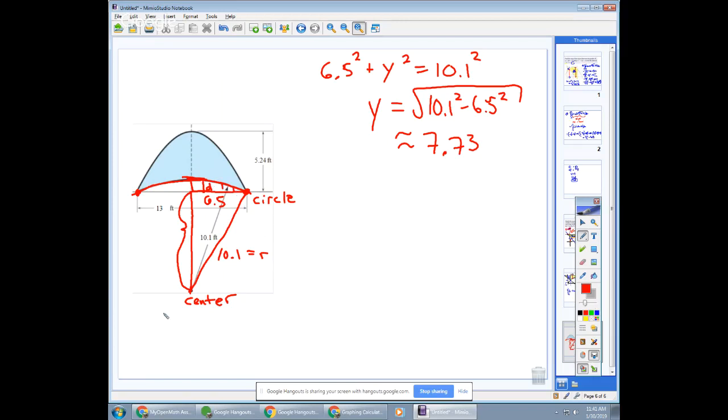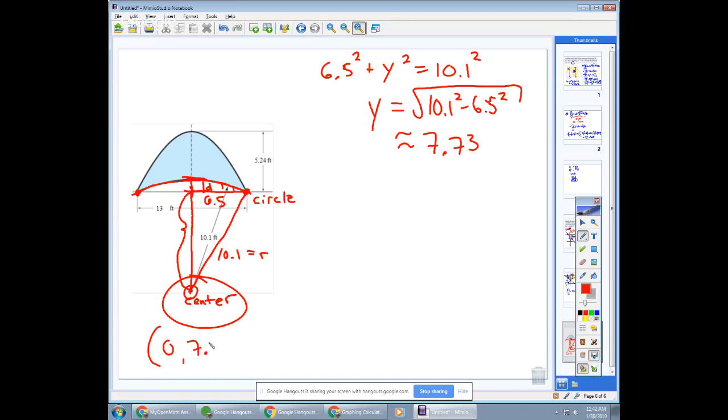I've got to find an equation for the circle. To do that, I need to identify the coordinates of the center. But I just did that, right? Didn't I just find the distance from the origin to that center right there? That's this number right here. So that's the center y value. The center x value is 0. So the center of this circle is the point 0 comma that.